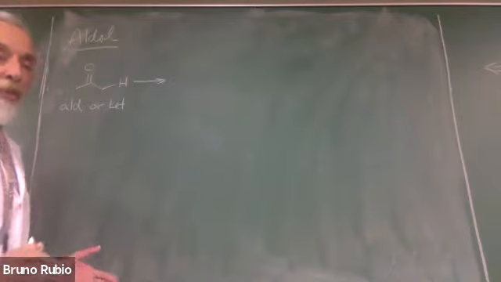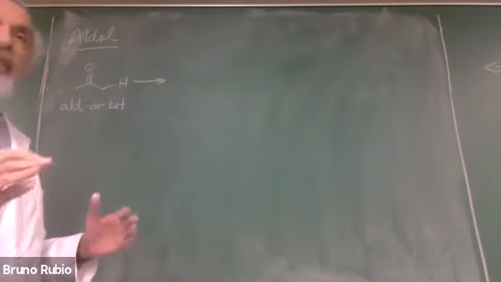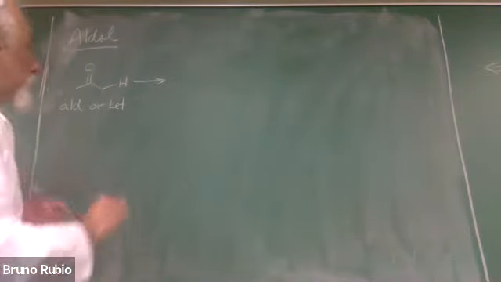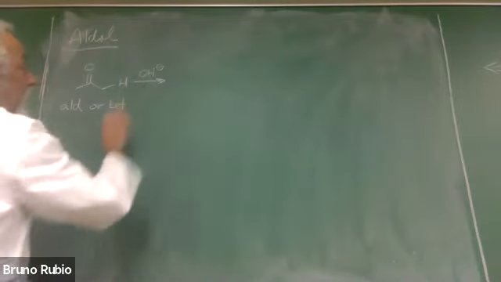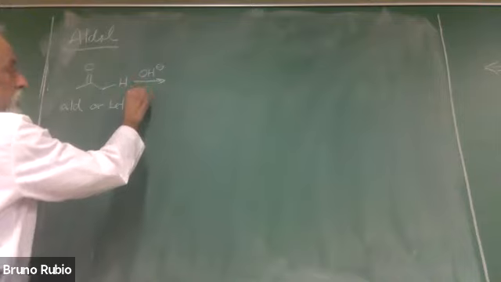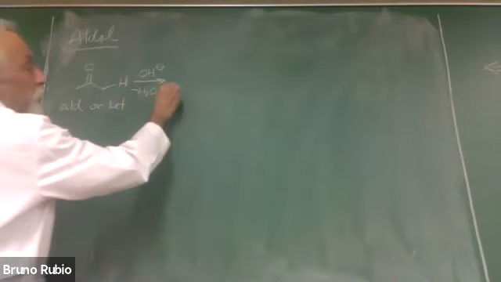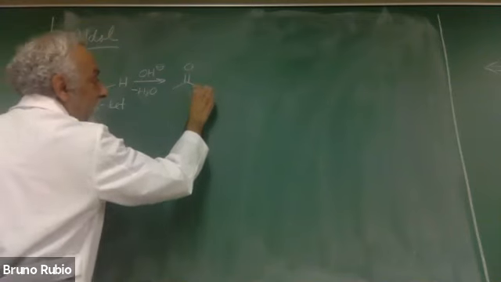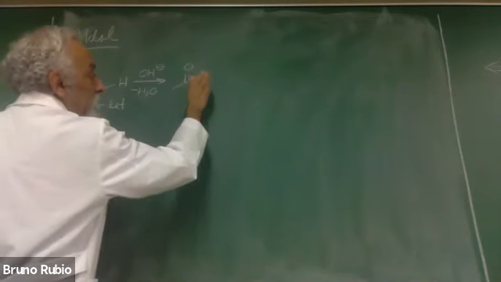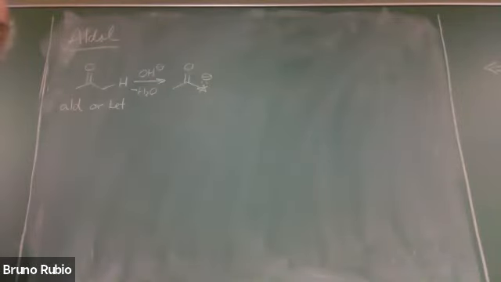For an aldol reaction, hydroxide, methoxide, or ethoxide are good enough. Add hydroxide, and this is going to deprotonate the alpha carbon. We get a dot minus on the alpha carbon. That's my nucleophile, that's my star.